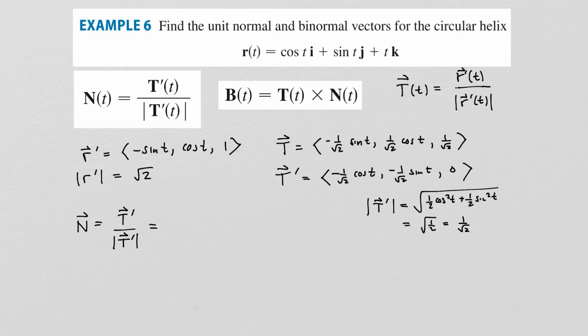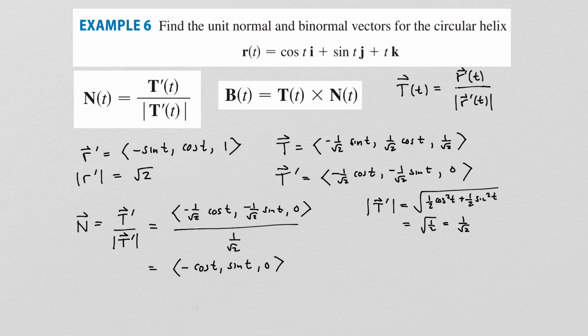And so our normal vector is going to be the vector T prime divided by 1 over radical 2. When you invert and multiply, you're basically just multiplying each of these by radical 2. And so this becomes negative cosine of t, negative sine of t, 0.